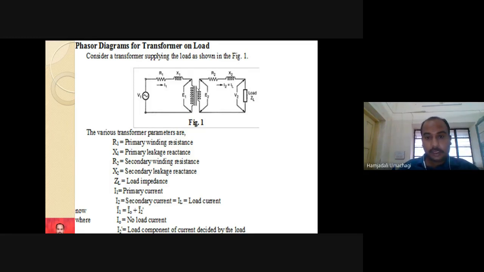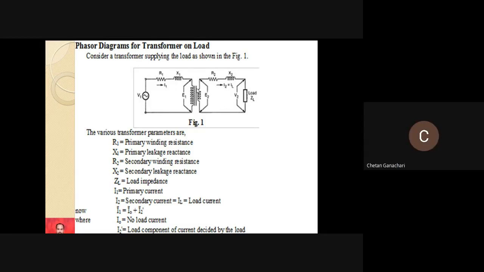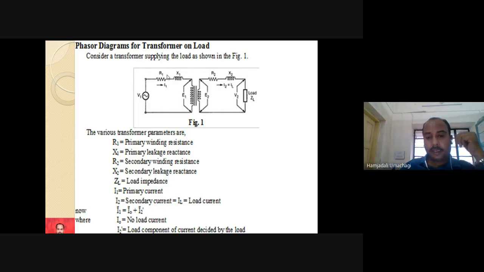Yes or no? There is no electric link. He is asking about the magnetic branch, sir. Okay, the magnetizing branch we have not shown here, just for your simplicity. If I add that magnetizing branch, it is simply going to create confusion for the students. For that sake, we have not shown the magnetizing branch here.